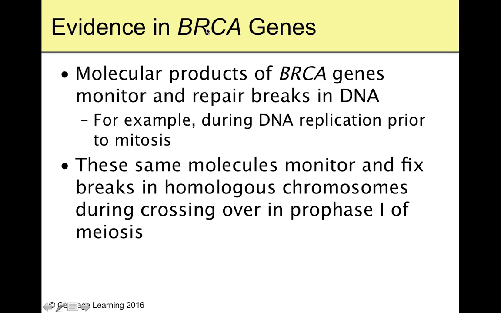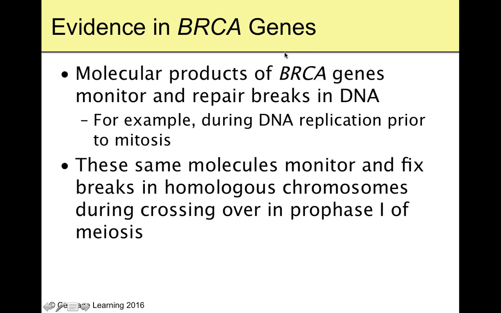Here's a cool example of your BRCA genes coming back that we just learned about last chapter. Our molecular products of the BRCA genes monitor and repair breaks in DNA. We learned about these guys in cancer. So for example, during DNA replication before mitosis, the same molecules that monitor and fix the breaks do this for homologous chromosomes during crossing over of prophase 1.